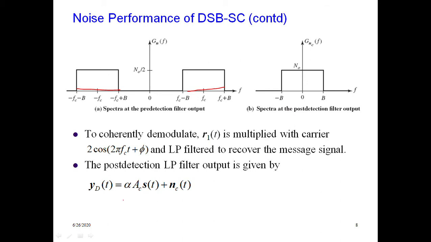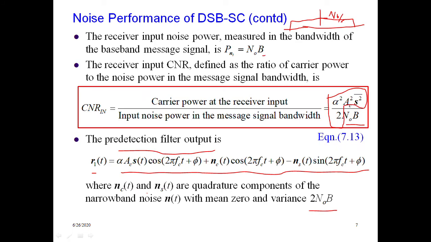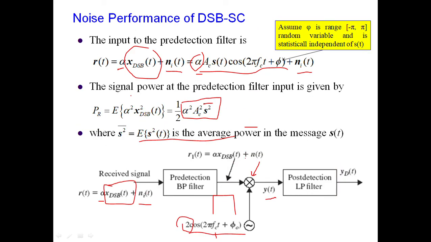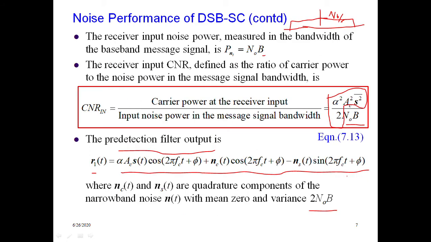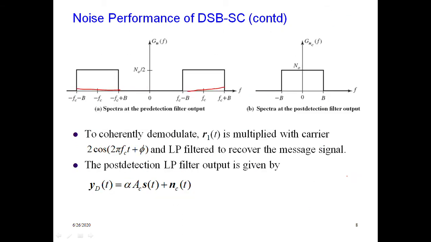So at the detection, which is here, YDT, that means it has been filtered and post detection, so it will be equivalent to alpha AC ST plus NCT.